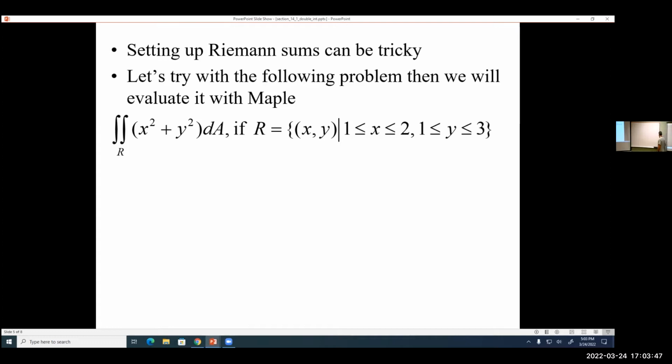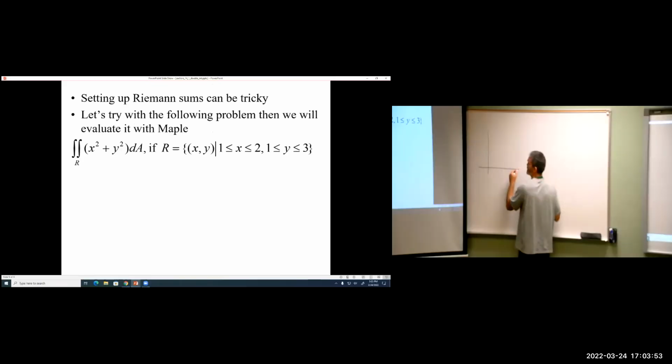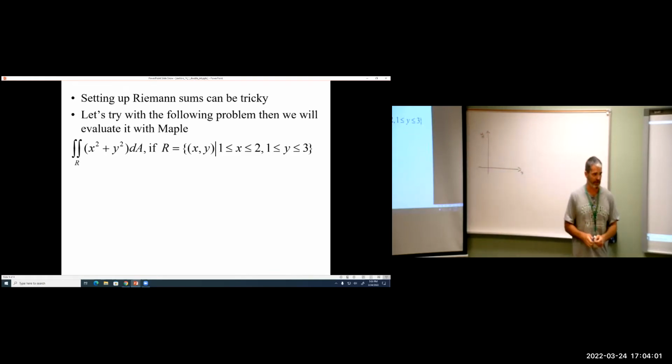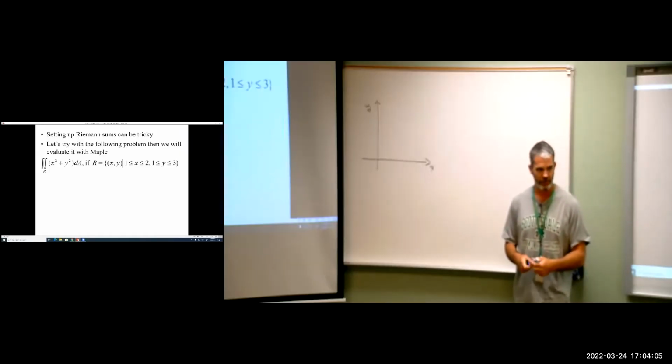So one of the things we'll look at today is actually sketching our region of integration. So this being our x, this being our y, because we can do this for double integrals. When we get to triple, it's going to be a little trickier, but that's why we want to spend the time getting double integrals down, so that when we get to triple integrals, it's only adding an extra layer.